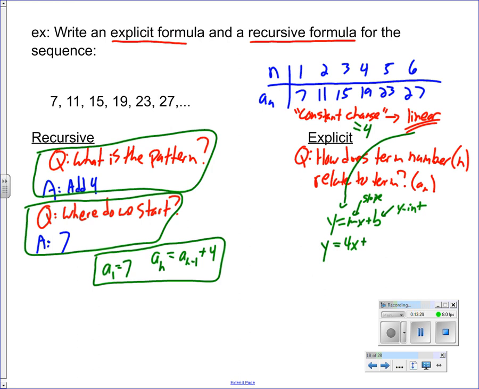Again, we add 3 to get to 7. 4 times 3 is 12, and again we add 3 to get to 15. So it's going to be 4x plus 3, right, as our linear equation. Then that becomes our explicit formula to get from the term number directly to the term. Multiply term number by 4 and add 3.